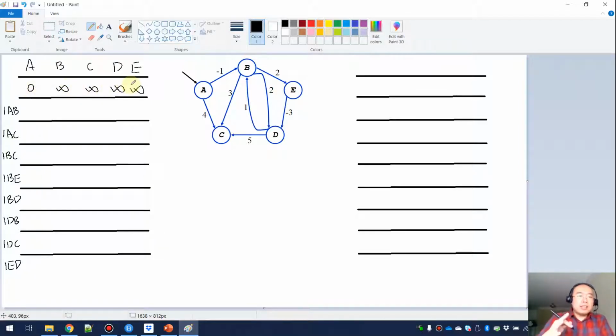So that is the D, the shortest path we can go from the source A to each of the other nodes based on current information. So far we only know A is the source, and for B, C, D, E, we don't even know how to get there yet.